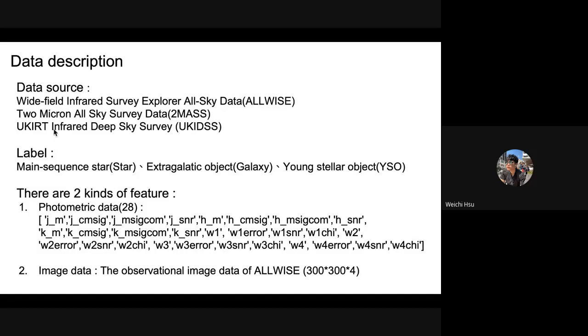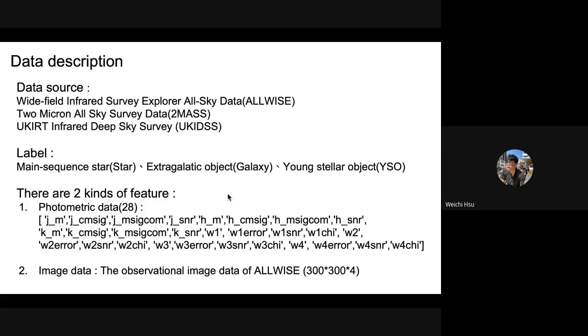The first is WISE, the second is 2MASS, the third is UKIRT. And we have 7 bands of wavelength observation for JHK W1 to W4. And for the label, we have 3 labels. The first label is main sequence star, the second label is extragalactic object, and the third label is young stellar object.